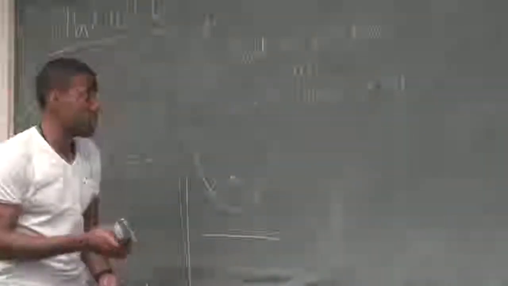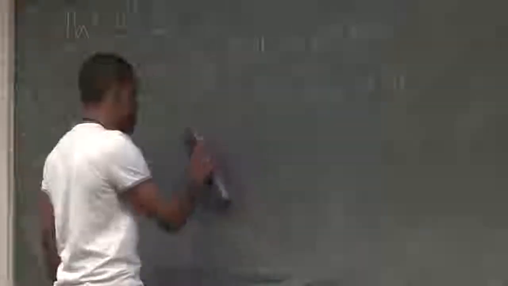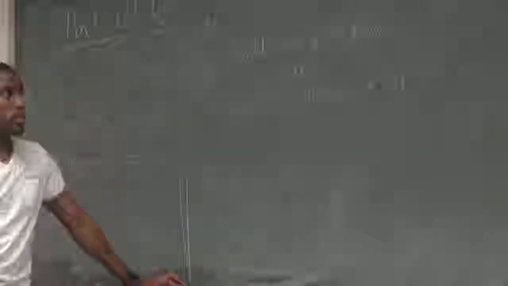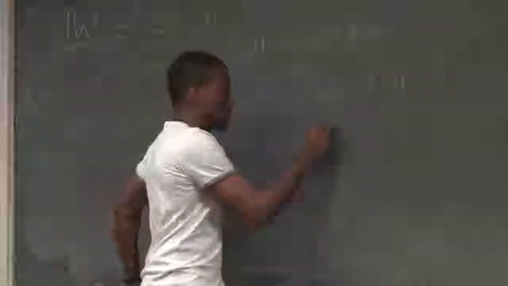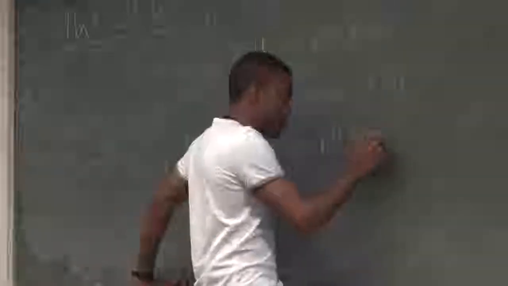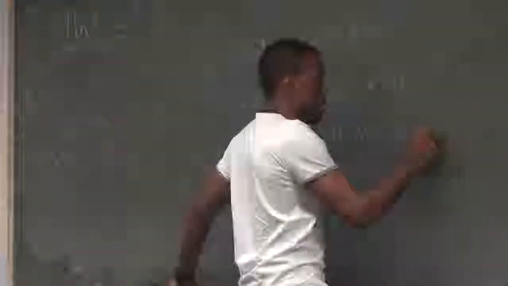But when it's talking about distances, you're going to think distance formula. So what do we know about the distance from a point? Let the set of points be x, y, z.